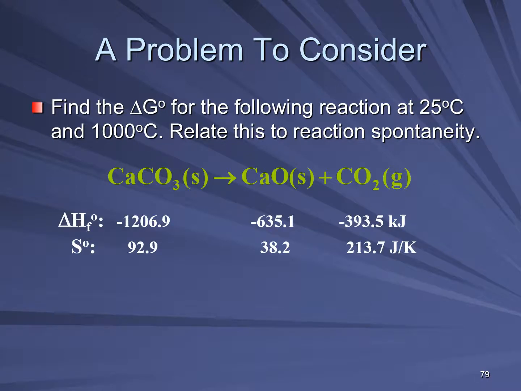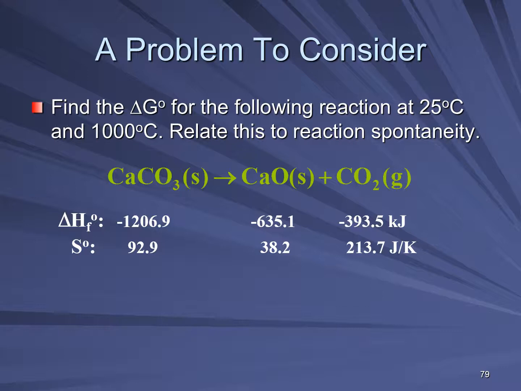All right, so delta H for calcium carbonate is negative 1206.9, calcium oxide is negative 635.1, and carbon dioxide is negative 393.5. Again, be careful that you're picking gas and not solid or liquid. Use the correct phase. If we look up S values, calcium carbonate is 92.9, calcium oxide is 38.2, and carbon dioxide is 213.7.